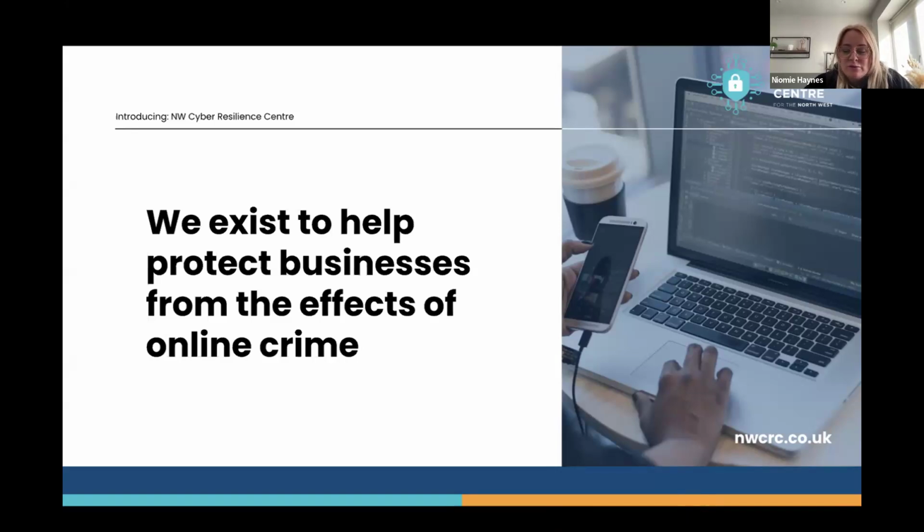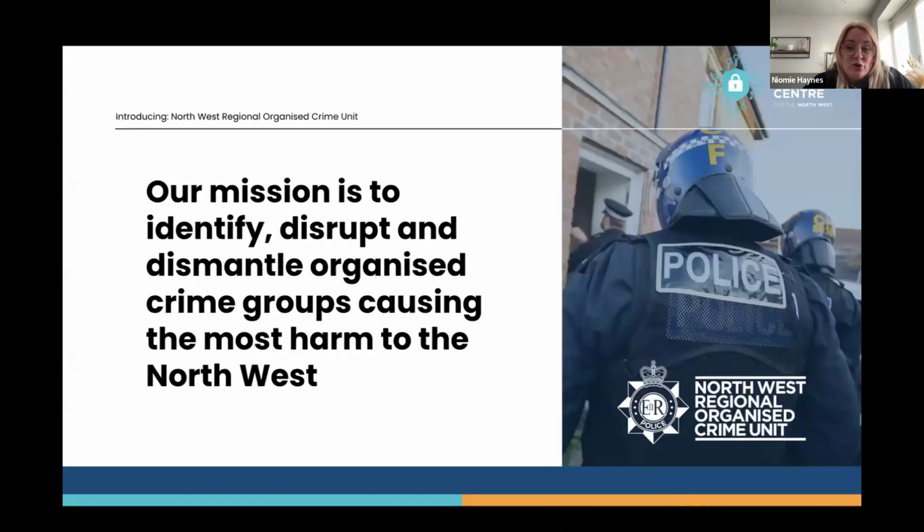The cyber applies to anyone and everyone that's in the digital world, even if it is only just by email. So we're led by the Northwest Regional Organised Crime Unit, whose mission is to identify, disrupt and dismantle organised crime groups causing the most harm to the Northwest. So it gives you a bit of an indication of how serious cybercrime is. It's up there with the more serious crimes such as organised gangs and criminal groups like that, and cybercrime is dealt with very seriously.